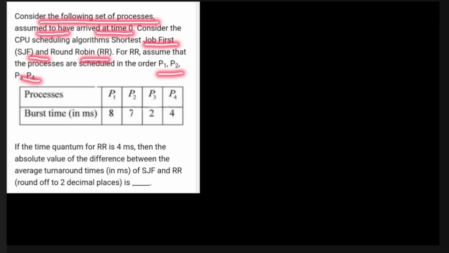Processes are given P1, P2, P3, P4 and burst times are given in milliseconds: 8, 7, 2, 4. The time quantum of round robin scheduling is given. Then find the absolute value of the difference between the average turnaround time in milliseconds of SJF and round robin. So we have to consider two scheduling algorithms, round robin and SJF.